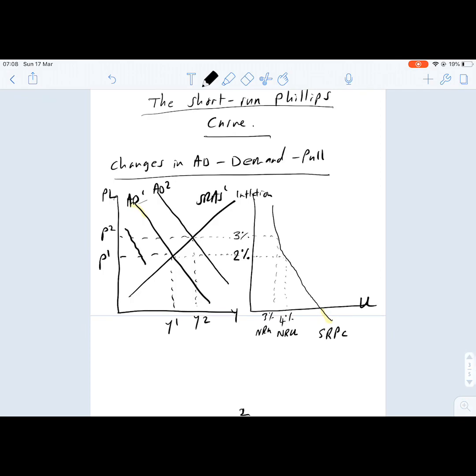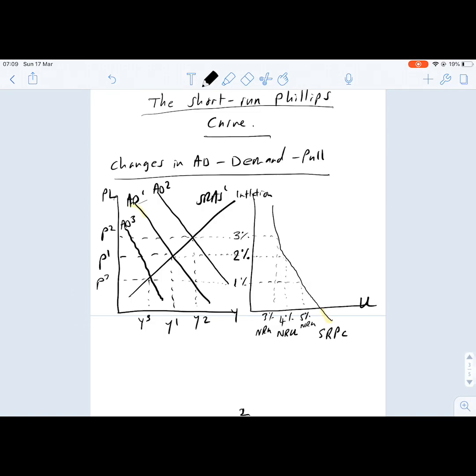What happens if aggregate demand falls? AD3, P3, Y3. Let's take that to the short run Phillips curve, 1% and 5% natural rate of unemployment.